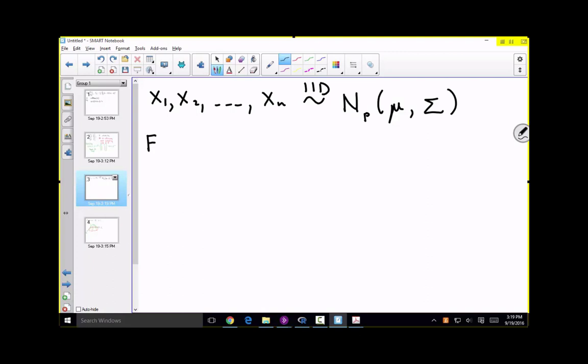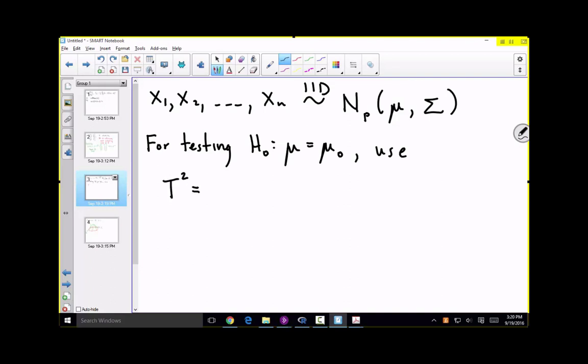For testing the null hypothesis that mu equals some specified value, we have learned to use the t-squared statistic.